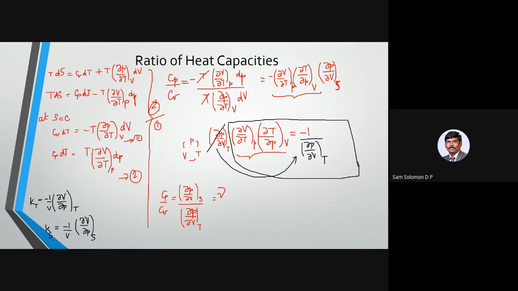Okay, so now I have partial P partial V at constant S. If I have a 1 by V term, I can write this as 1 by Ks.